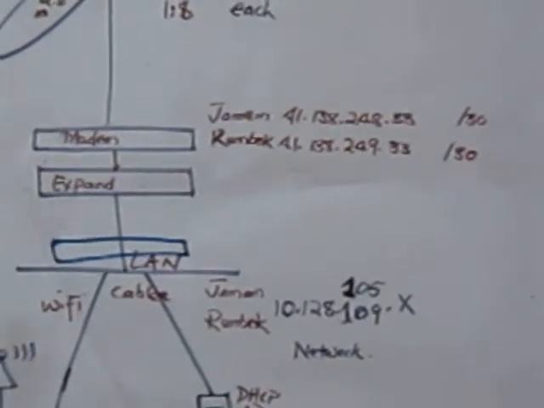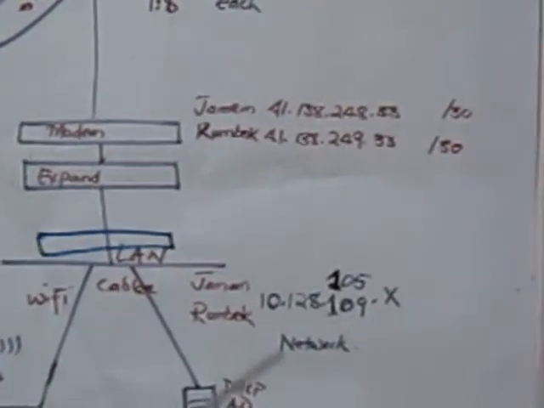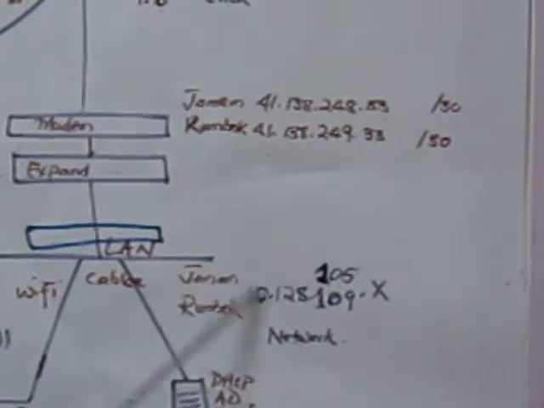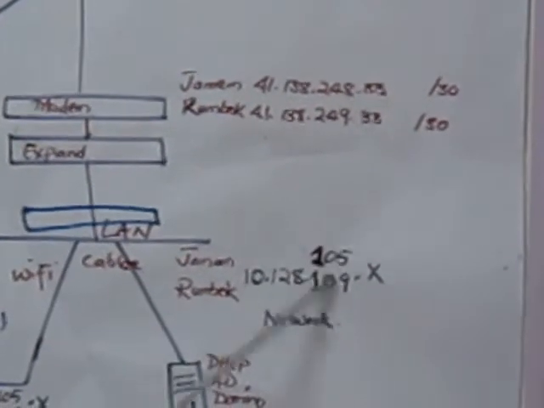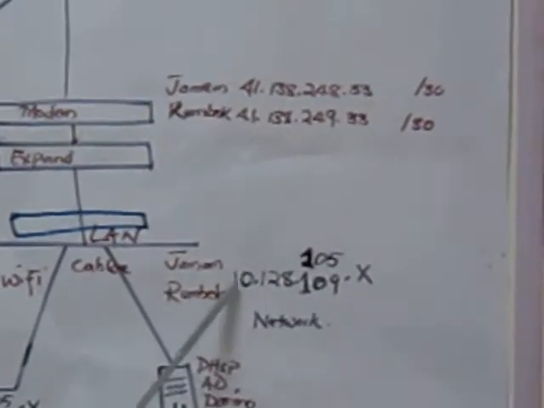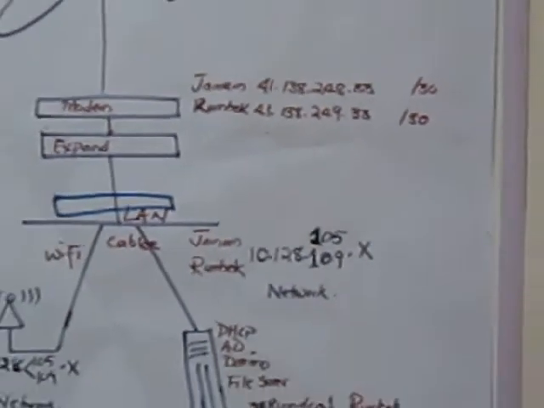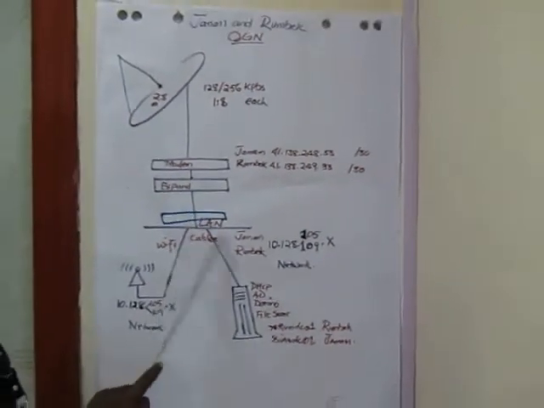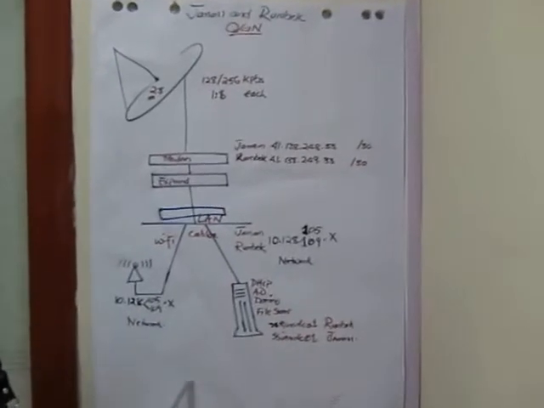In the case of Jamam, we are under the 105.x network, and under Rumbek we are under the 109.x network, and everybody is on one single network, not like the Juba scenario.